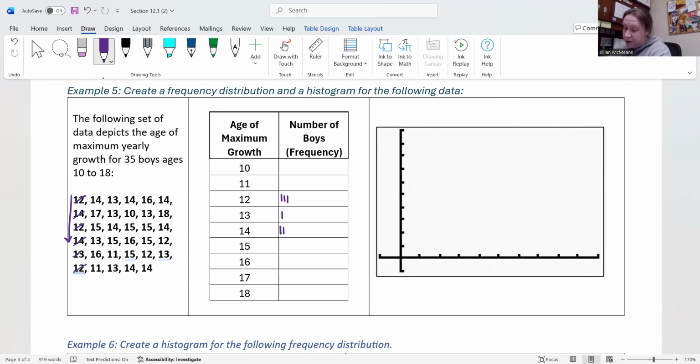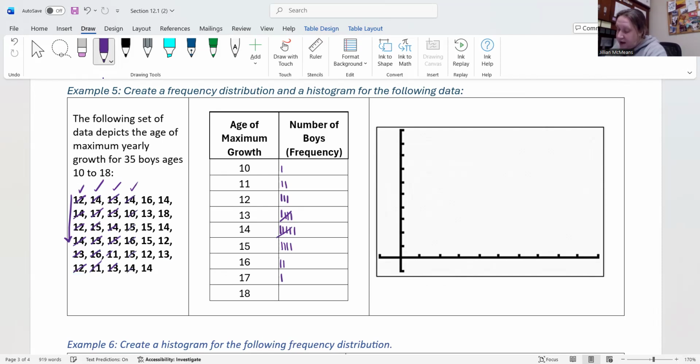For the next column, we have 14, 17, 15, 13, 16, and 11. Moving on to the next column, we have 13, 13 again, 14, 15, 11, and then 13. For the next column, we have a 14, 10, 15, 16, 15, 14.